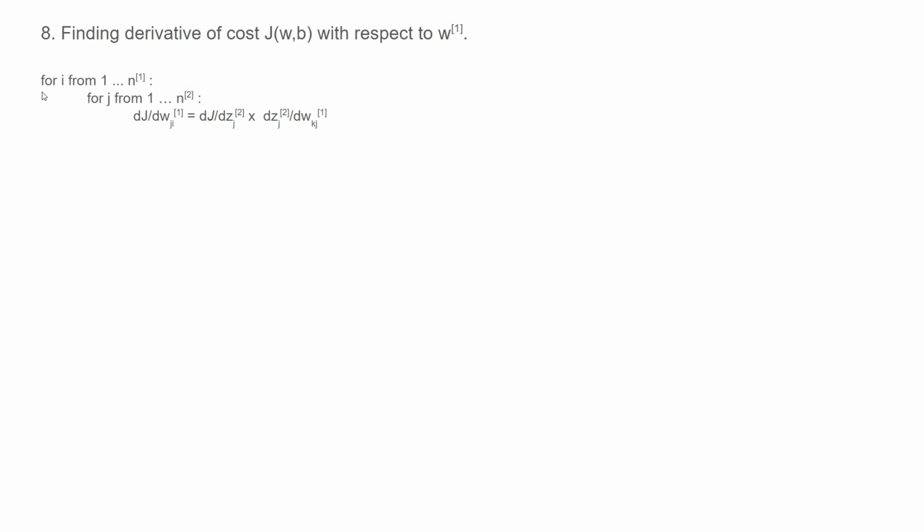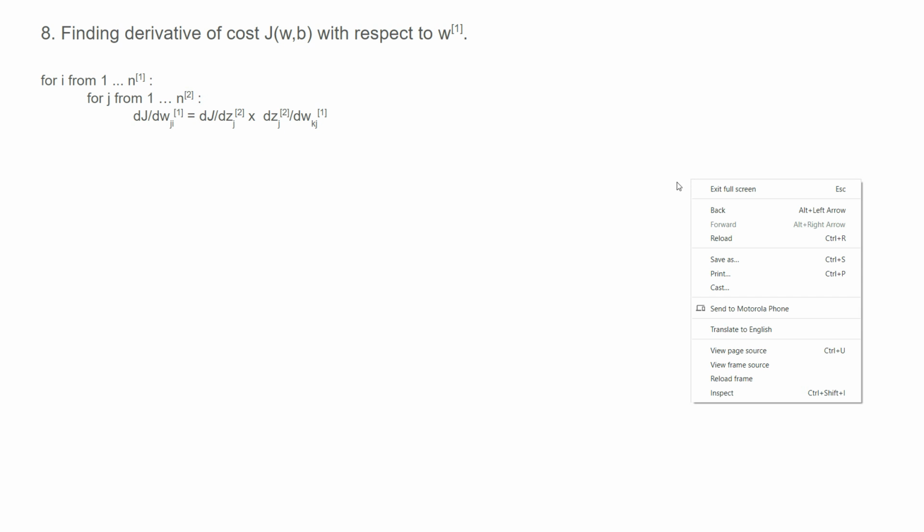Hence these are the two loops, and iterating over i and j, we can see that dj by dwji1 equals dj by dzj2 into dzj2 by dwji1, and here we just applied the chain rule.